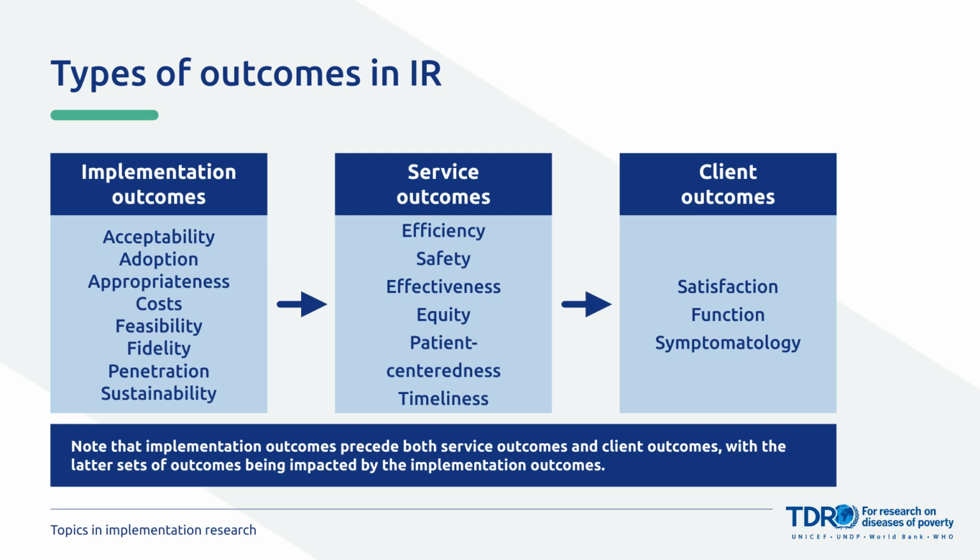Service outcomes include efficiency, safety, effectiveness, equity, patient-centeredness, and timeliness. Client outcomes include satisfaction, function, and symptomatology. It's important to highlight that implementation research outcomes are different from service and clinical effectiveness outcomes. Implementation outcomes come before both service and client outcomes, and the results of implementation efforts affect these later outcomes.